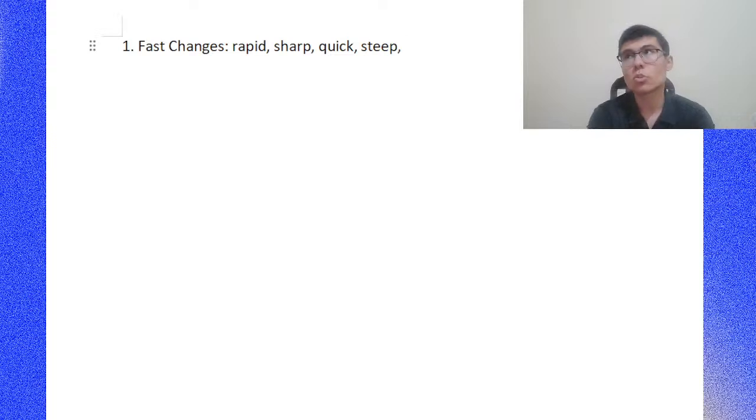We can also use swift. Let me give you an example. For example, the average number of students at Manchester University increased rapidly or swiftly. Or you can also use a noun form. There was a steep increase in the number of students, as you can see. And there is also surprising changes.